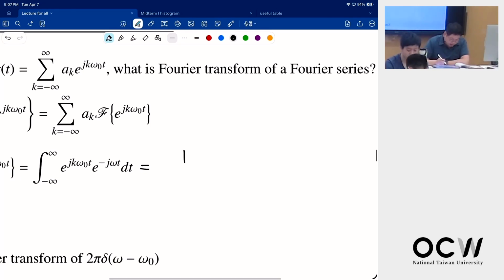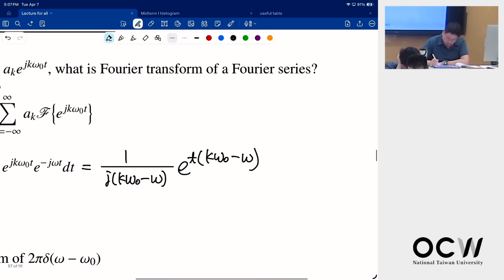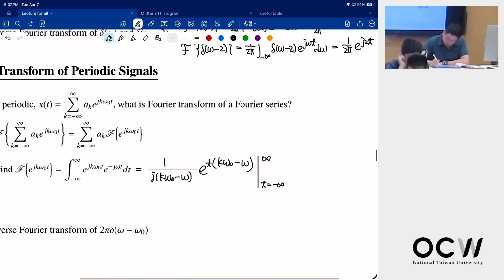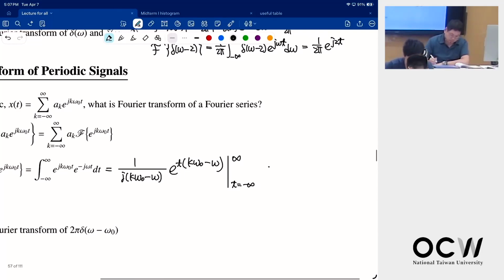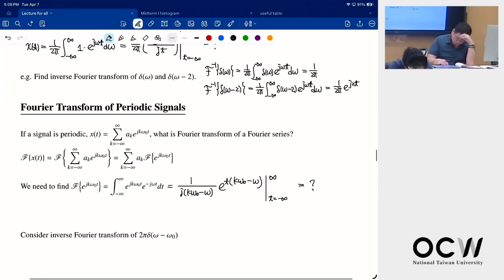So we have 1 over j times k omega naught minus omega, times e to the j t times k omega naught minus omega, and your t is from minus infinity to infinity. And actually, what is this? Now we can't find it using the integration.